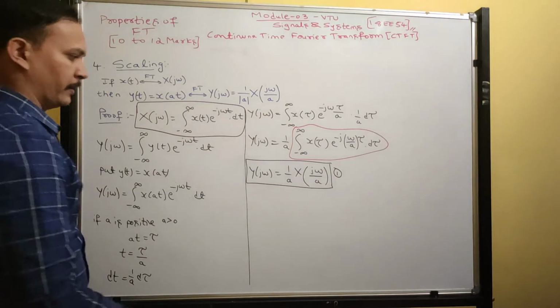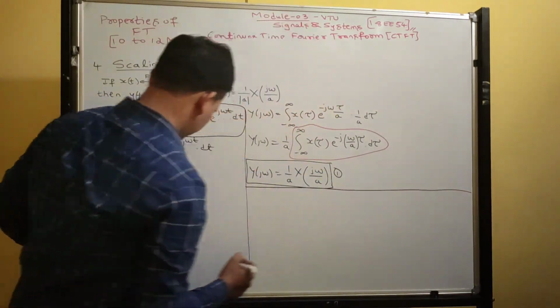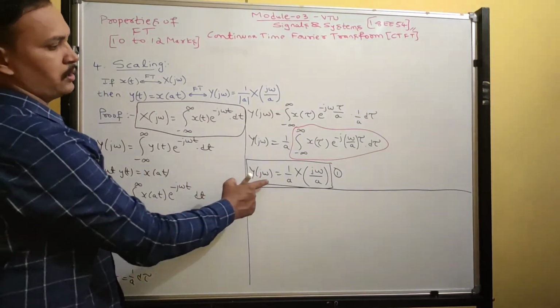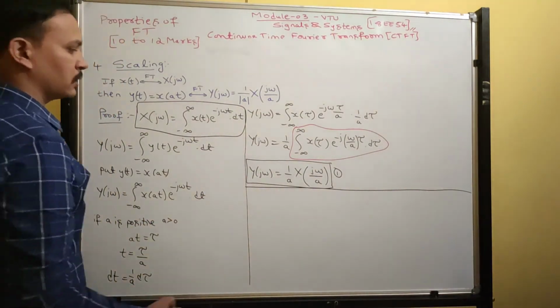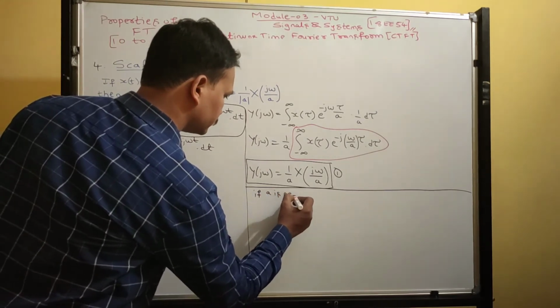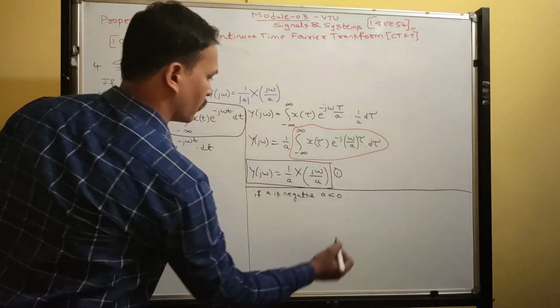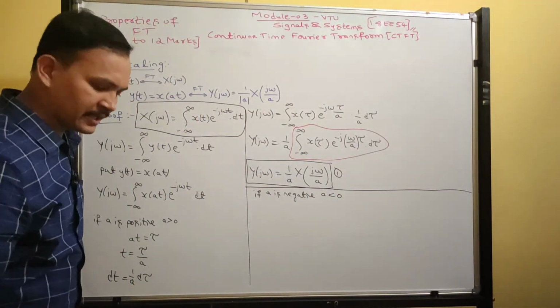This is case 1: if a is positive, then we got this equation. Now check out if a is negative, that is a less than 0.